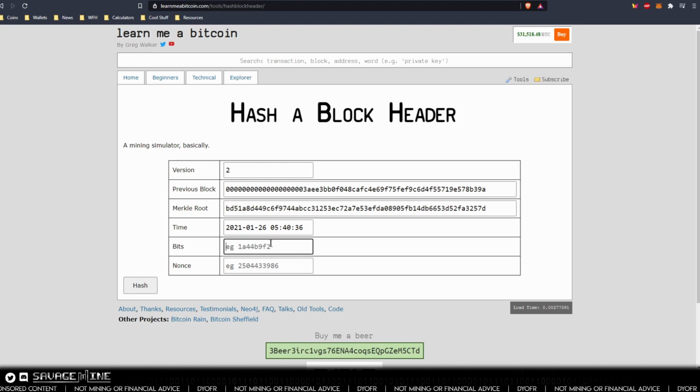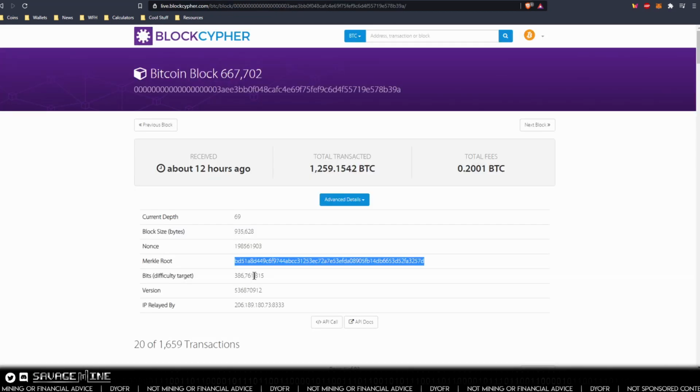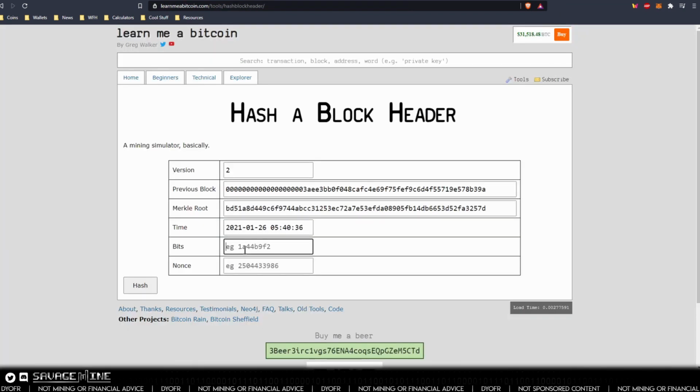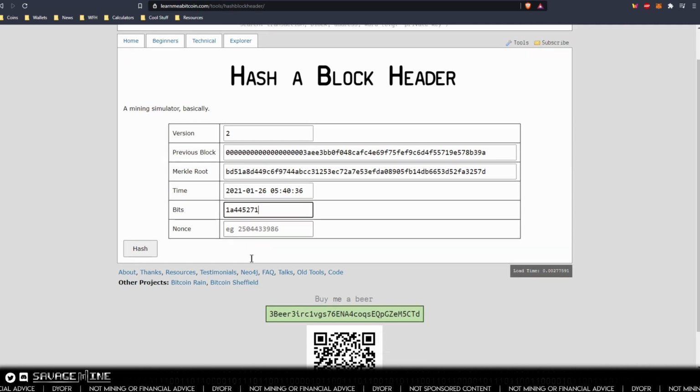Paste that in there. The bits is the difficulty. They've got it shown here as 8 digits, I believe. Through some conversion, I think it actually ends up being a regular integer. But I think what we'll probably have to do for this is simply put in some numbers here, just to simulate the difficulty level.